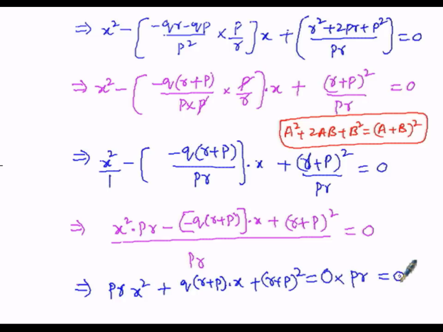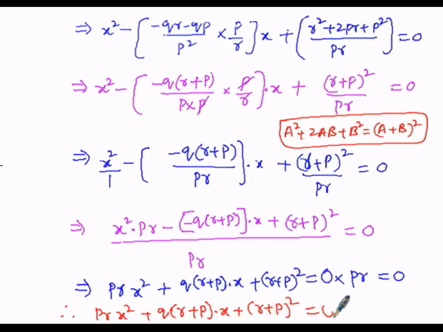So in this manner I say here that the framed equation is pr x square plus q into r plus p into x plus r plus p whole square is equal to 0 into pr, which is nothing but 0.